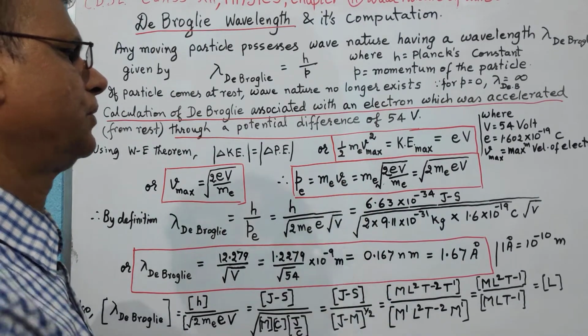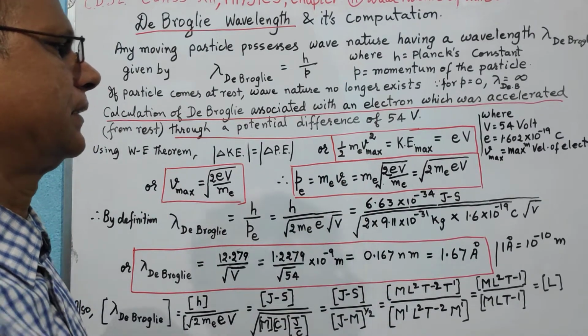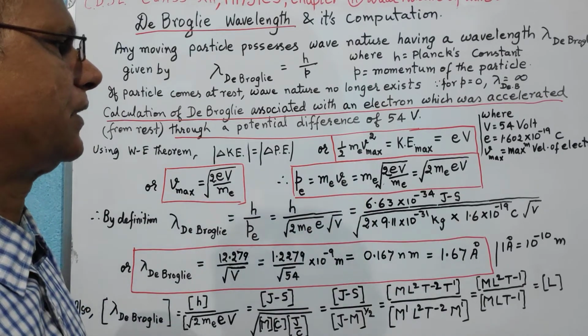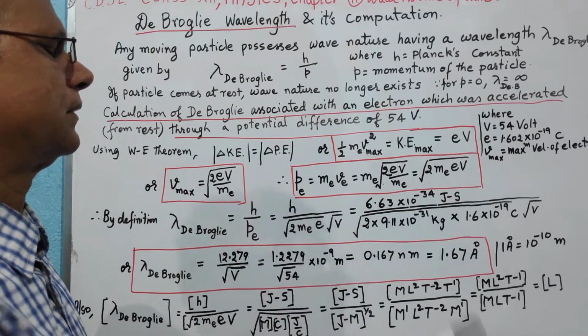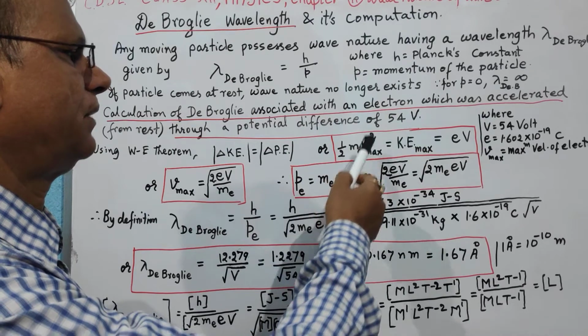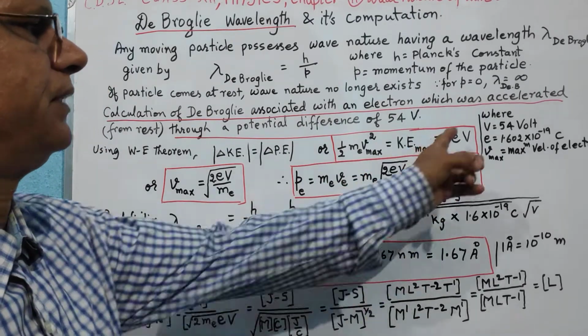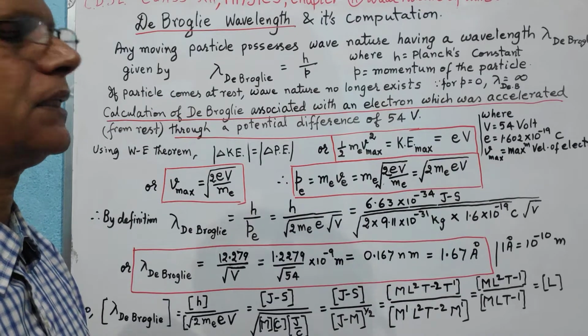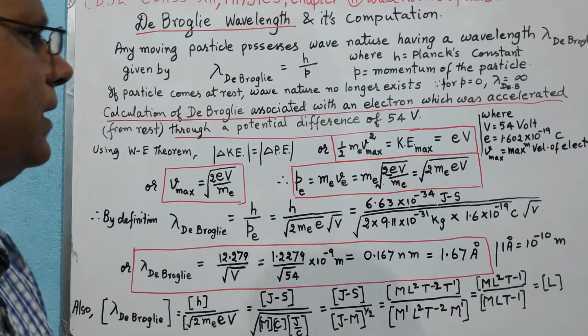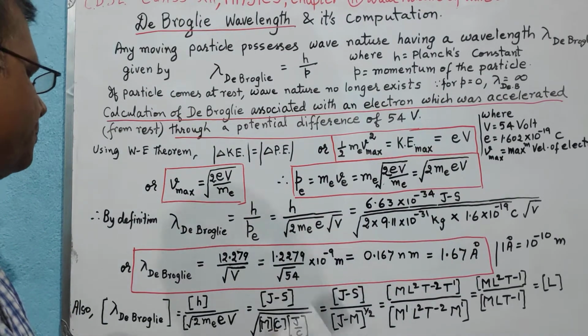v is the maximum speed of the electron, m_e is the mass of the electron, and half m_e v_max squared must be equal to eV, where V is the potential difference across which the electron has been accelerated.